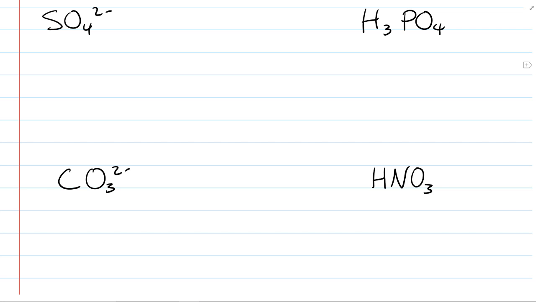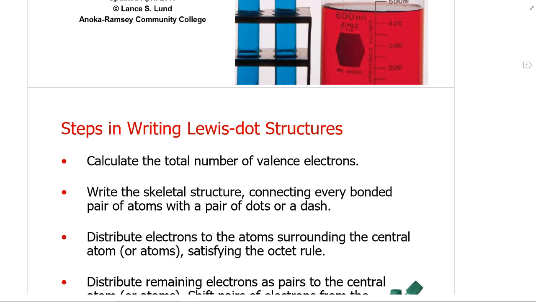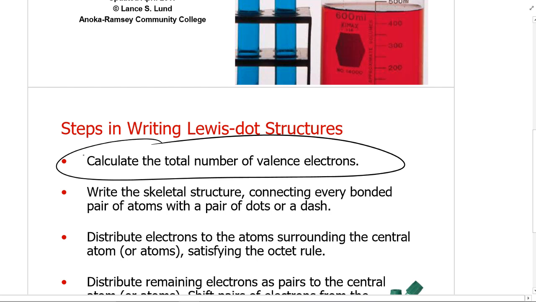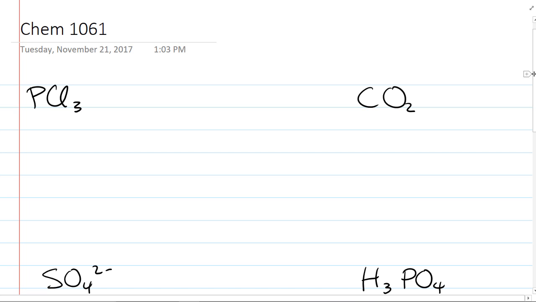And again, to write these out, we are going to use the rules that are shown right here. So the first rule, we're going to be working with phosphorus trichloride. First step here is to calculate the total number of valence electrons. So coming back to PCl3, let's calculate the sum of the valence electrons.